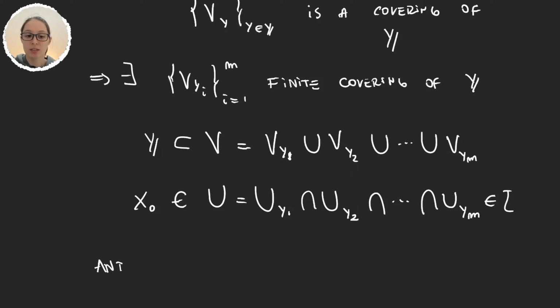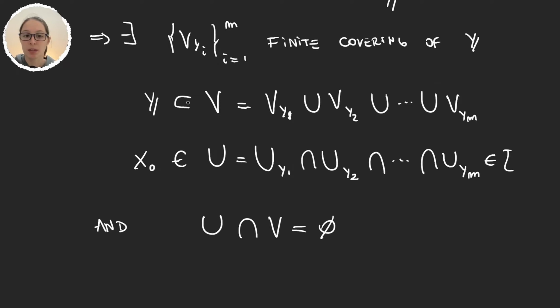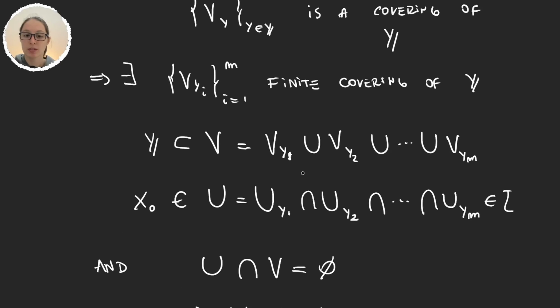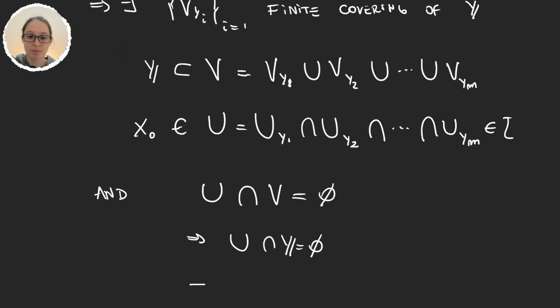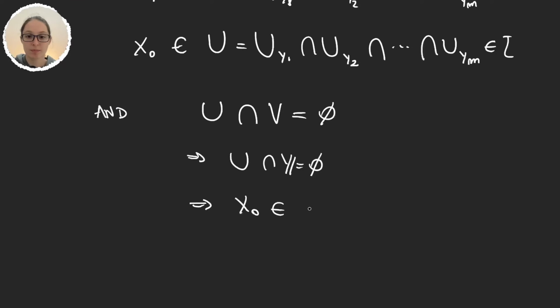And given that U_y1 doesn't intersect B_y1, and the same for each pair of these sets, then we have that U doesn't intersect B. And so if U doesn't intersect B, and B contains Y, then U does not intersect Y. So I found a neighborhood U around x0 that doesn't intersect Y. Given that x0 was not an element of Y, that means that any element that is not part of Y is not in the closure of Y. And like this, we get that Y is equal to its closure.